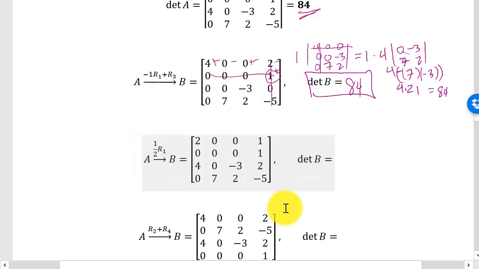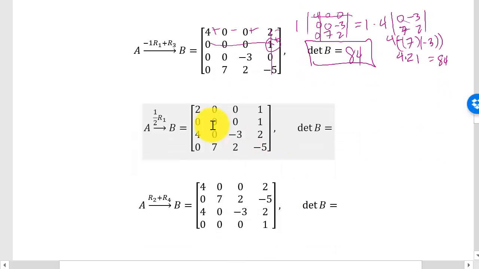All right, let's do the next one. What if we take our first row and multiply it by 1/2? Our first row used to be 4, 0, 0, 2. Our resulting matrix is going to be 2, 0, 0, 1 in the first row. If we imagine taking the determinant of that, let's expand on the second row again.